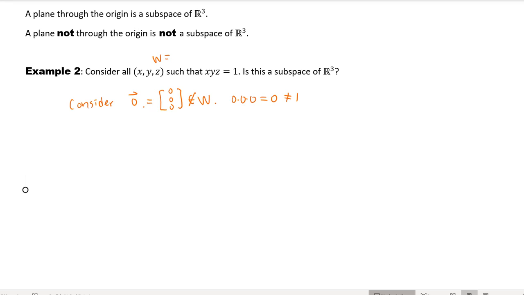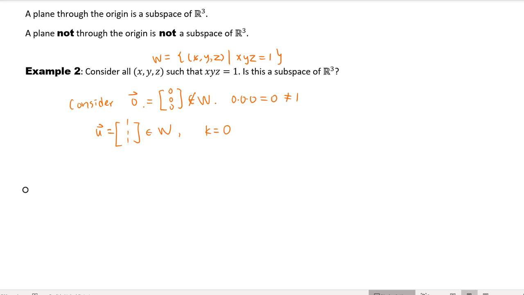Okay, so W is the set of x, y, z such that xyz equals 1. Similarly, we can pick a vector. 1, 1, 1 is in W, and then let k be 0.